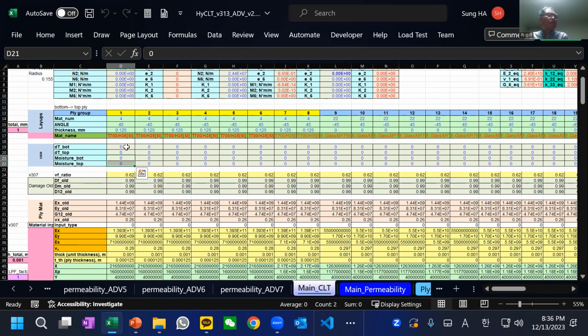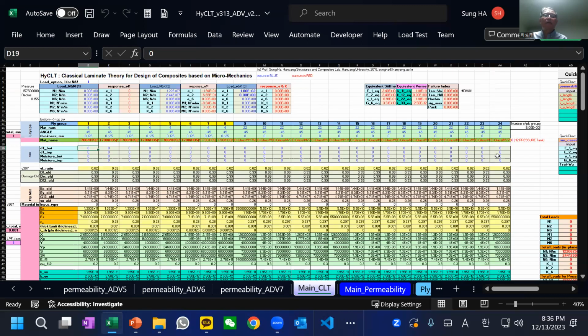But anyhow, let's say we specify the temperature here, not just on the surface, the bottom surface and top surface. In this program, we usually need to specify the temperature not just at the top and bottom, but also through the thickness.